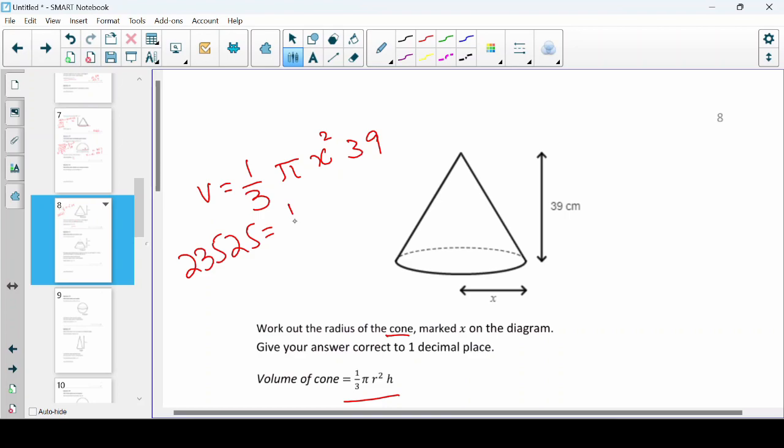So 23525 is equal to 1 over 3 pi x squared 39. So you have to bring this to this side of the equation, 1 over 3 pi 39. So this will give you x squared, and then you can just take a root of this one to find the x.